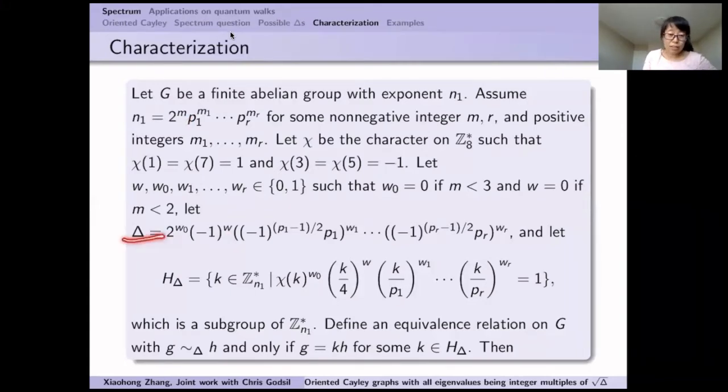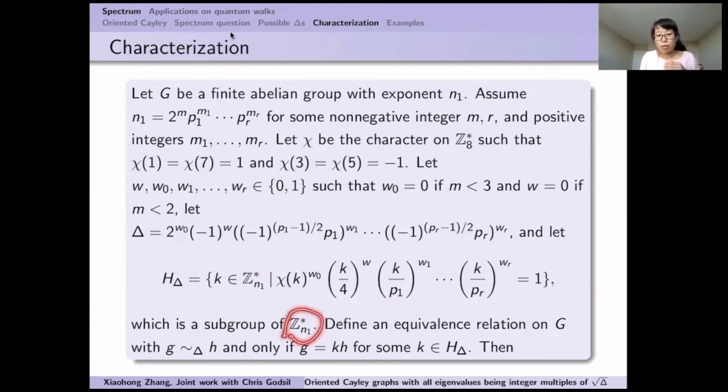So we have a delta list. For each delta, we take elements in the multiplicative group modulo n1, but we want the evaluation of it on this expression to be 1. So it's a subgroup of this group.